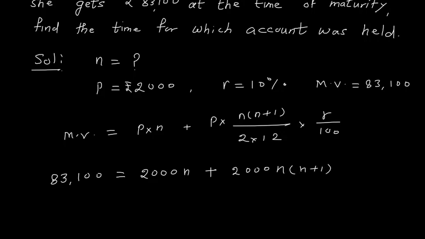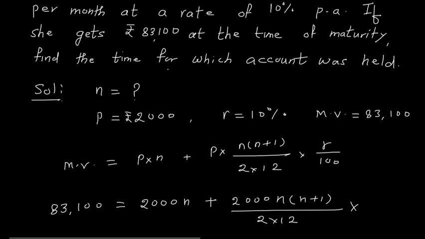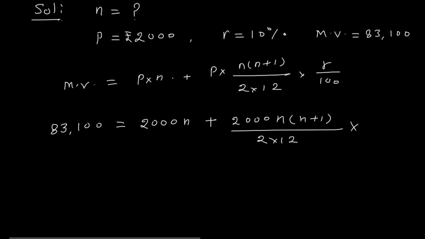Divide by 2 into 12 into the value of R. How much interest are we getting? 10% interest. So 10 upon 100. First we cancel this, then we cancel this 0 also. Then here we have 200 upon 2 into 12. With 2 we cancel, so we get 100. With 4 we cancel, here we get 3 and here we get 25.